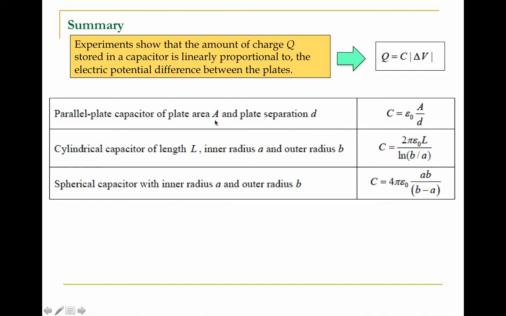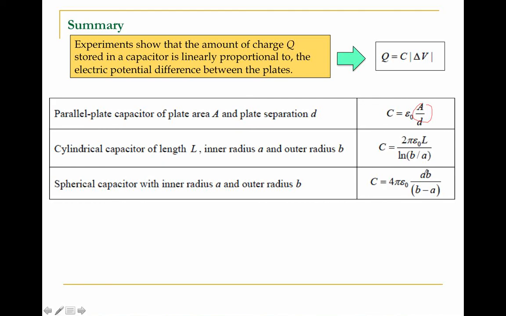And then next, we looked at the capacitance for 3 types of capacitors: the parallel plate capacitor, the cylindrical capacitor, and the spherical capacitor. As you can see, in all 3 of them, the capacitance C depends on the geometry, basically the area and the dimensions, area and D. Here B and A, and L is the length of the cylinder.